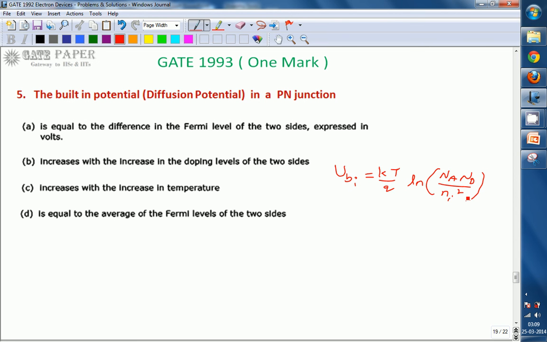If you take q to the other side, this becomes q times the same equation. We can write q times Vbi is equal to kT natural logarithm of Na Nd by Ni square. This is potential energy, that is, built-in potential energy.